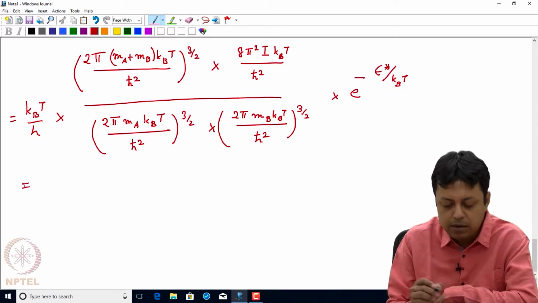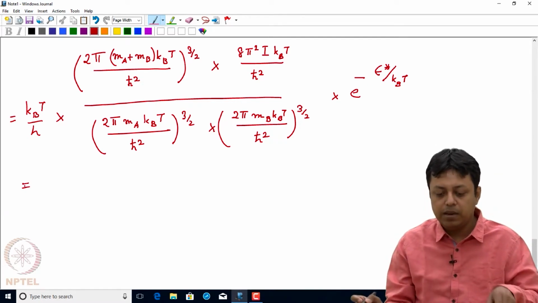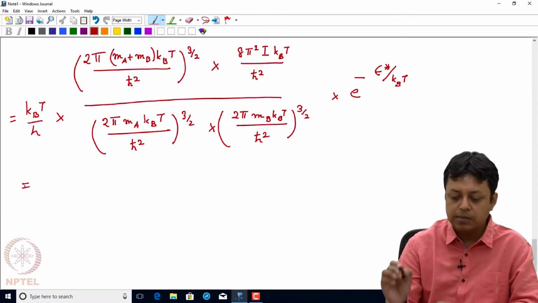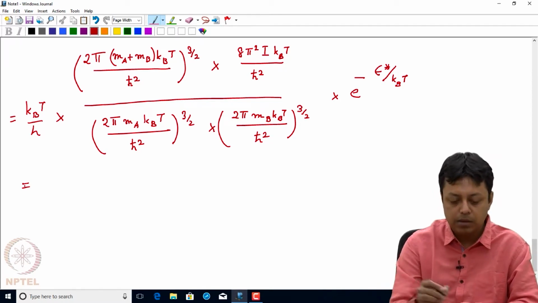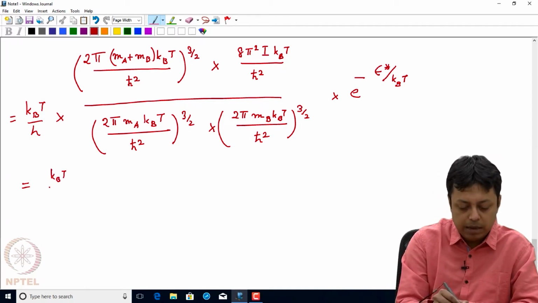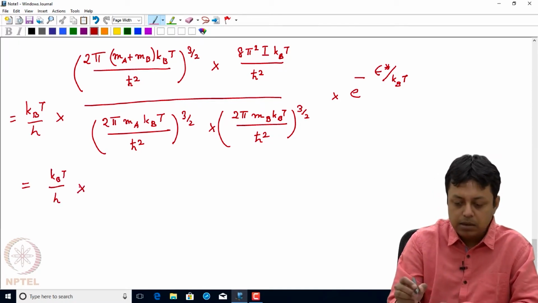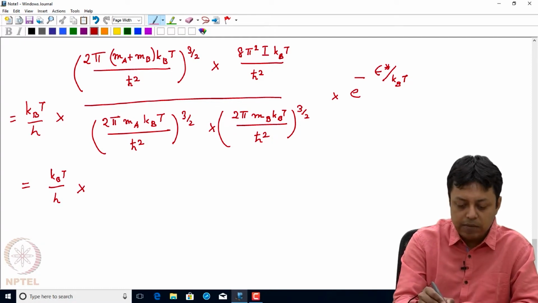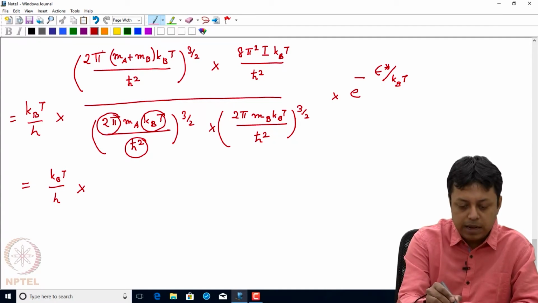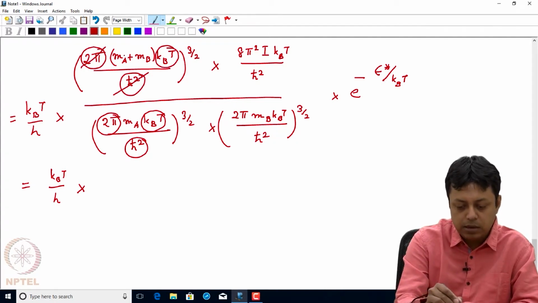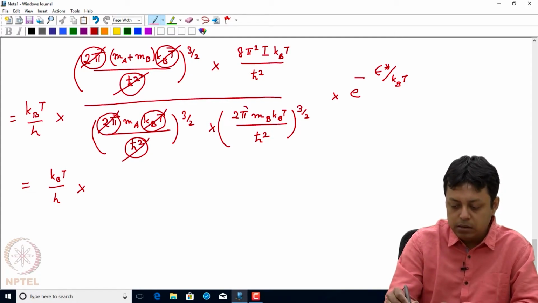So what we get here, you can notice carefully, let us first calculate the 3 by 2 terms. I have kBT by h, times, as you can see, I have 2 pi, kBT and h bar squared here, which will cancel with this. So these things will cancel with each other. Now what I am left with is 1 over 2 pi kBT by h bar squared in the denominator.